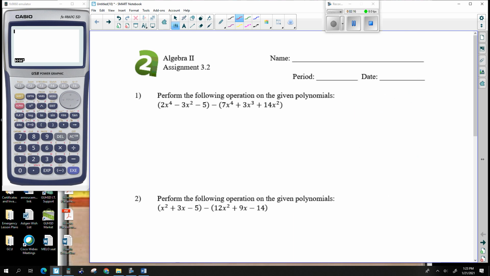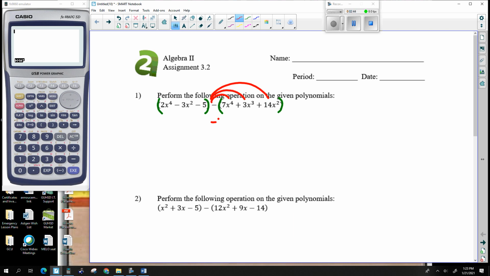Okay. Now, what we're going to see here also, you can see it in this first problem, is that we have big old parentheses. And I know we dealt with this a little bit in, I think, Unit 0, that if we have a minus on the outside of a big old parentheses, what you do is you distribute that negative into the parentheses itself.